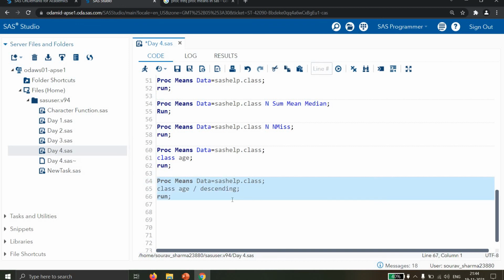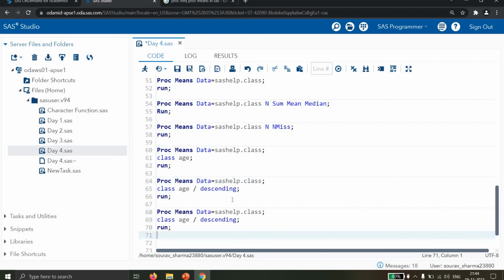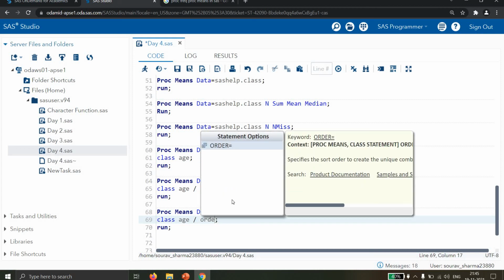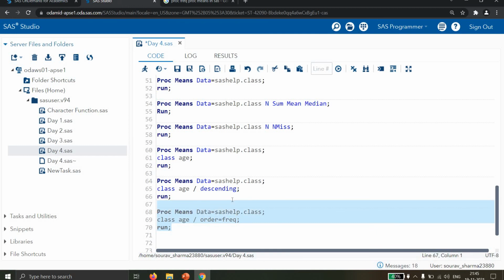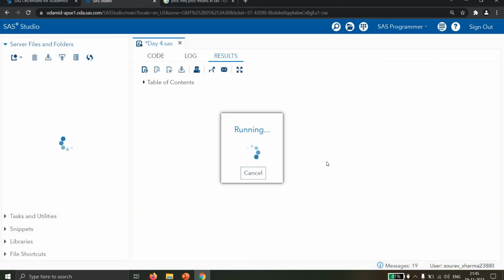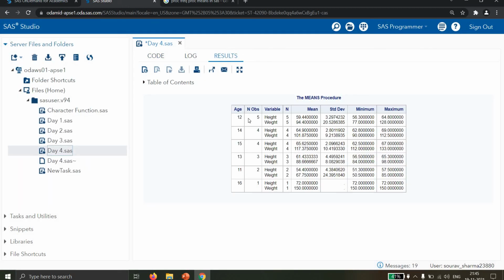Same as we wrote descending, let's suppose I'm looking for class age with order frequency. Order by frequency also gives us the order of my data. So I write order frequency, and it gives us the order by frequency.